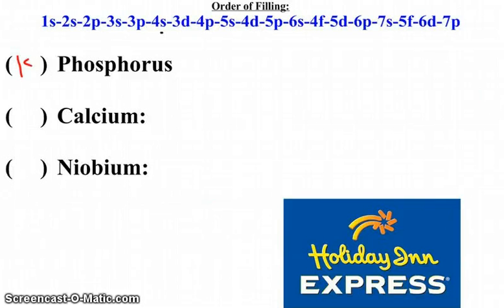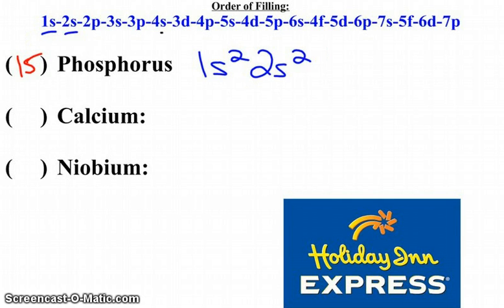Phosphorus has an atomic number of 15, so we need to configure 15 electrons. First up on our order of filling is 1s. S can have 2. That's full, move on. Next up is 2s. 2s can have 2. That's full, move on. Next up is 2p. P can have 6. So when we put 6 in, 2 plus 2 plus 6 is 10.